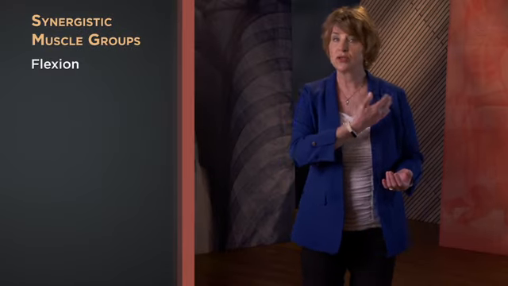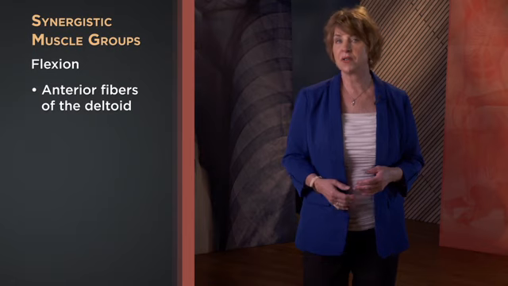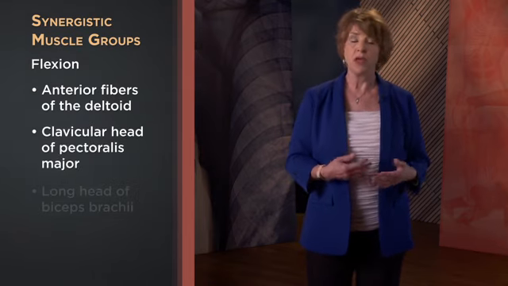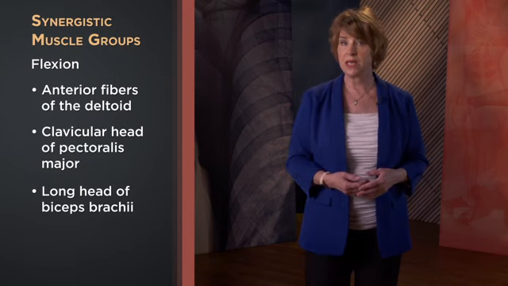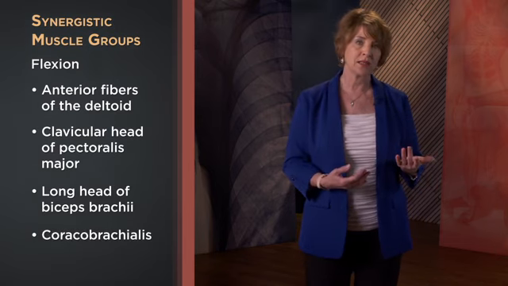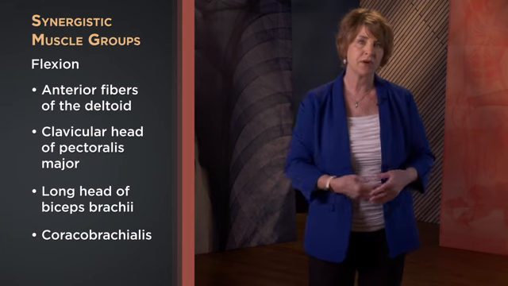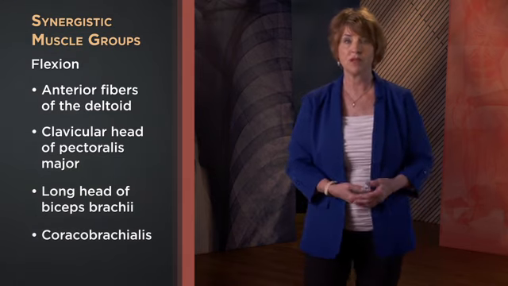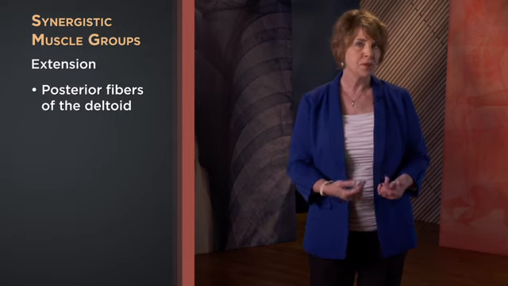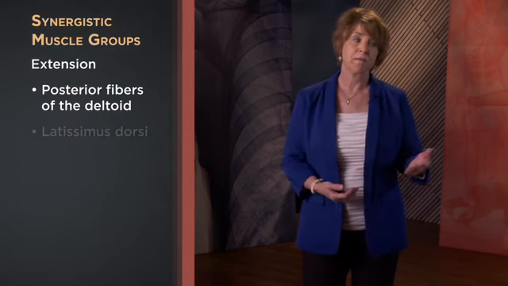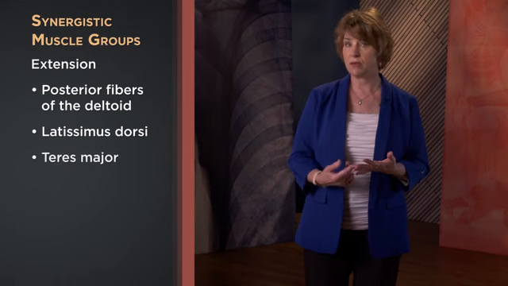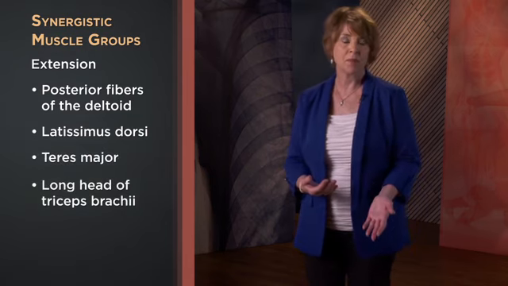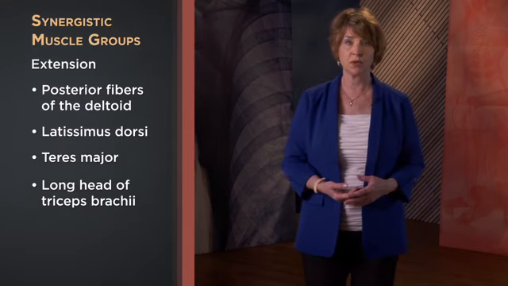For example, at the shoulder, the anterior fibers of the deltoid, the clavicular head of pectoralis major, the long head of the biceps brachii, and coracobrachialis all cross anterior to the shoulder, so all participate in flexion of the shoulder. While the posterior fibers of the deltoid, the latissimus dorsi, teres major, and the long head of the triceps brachii all help extend the humerus at the shoulder.